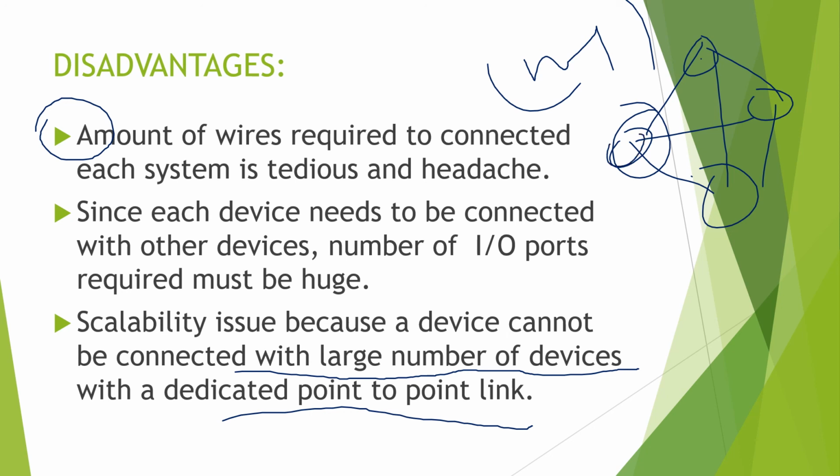If one device is connected to this many devices, it causes some issues in transmission. This is another drawback. These are the disadvantages of mesh topology. We see other topologies in the next session.